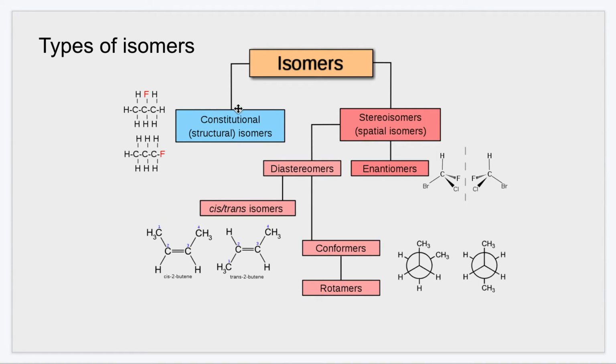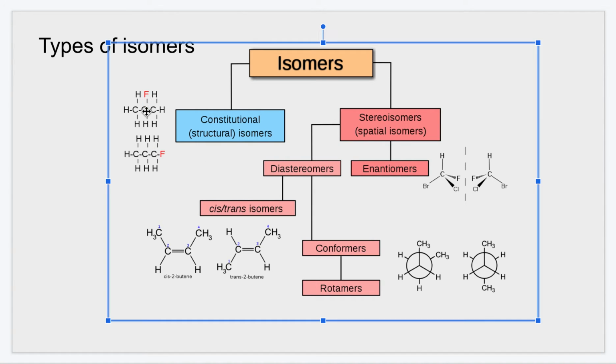So that first one I showed, constitutional isomers, those have the same sort of structure, but with small differences in position of a certain molecule. So this example right here is showing that this fluorine atom, instead of being here, is put over here.